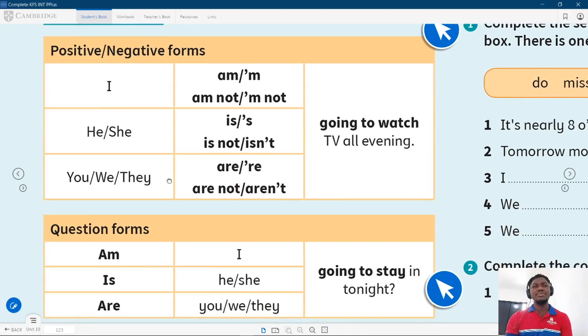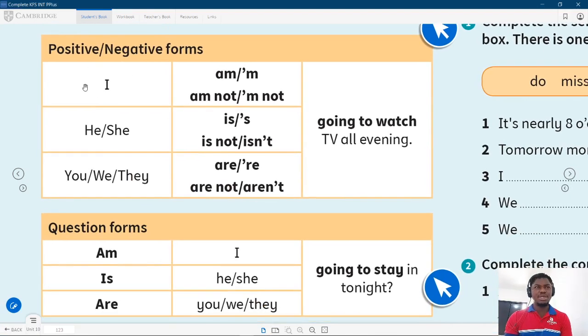We have subject pronoun, verb to be, affirmative and negative: I am not, he is, he isn't, she is, she isn't, you are, we aren't, they are, they aren't. Going to watch, going to play, going to eat, going to dance, going to pray. After the going to, you talk about a future action.